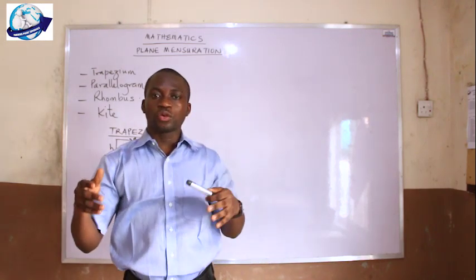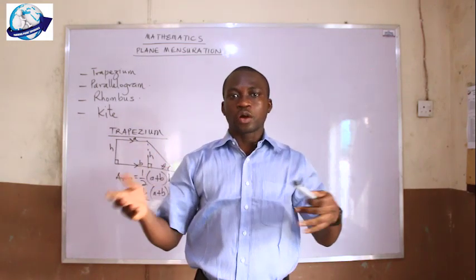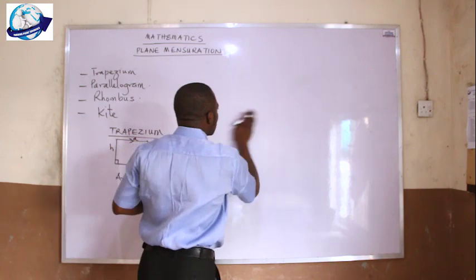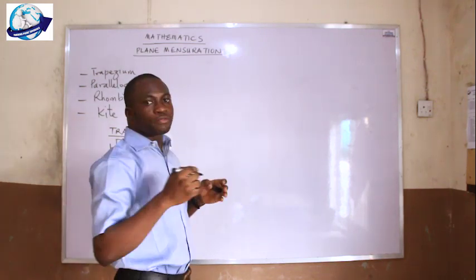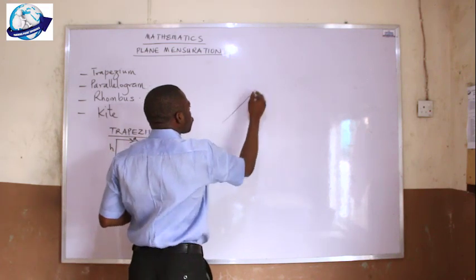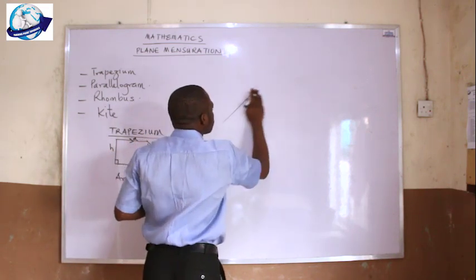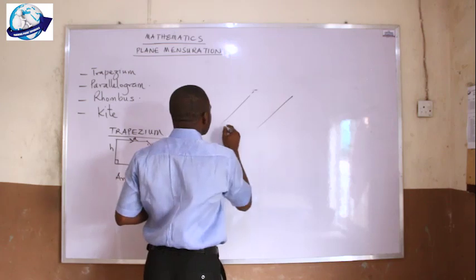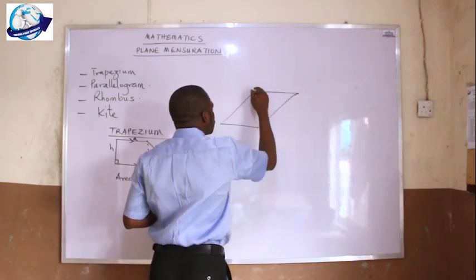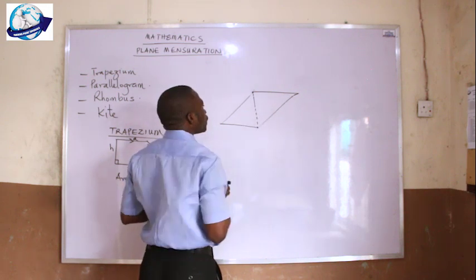When a parallelogram is sharing the same base with a triangle, you must understand something about the area of the parallelogram. If you have a parallelogram, let me quickly show you. This is a parallelogram, and then you have a triangle coming in here.